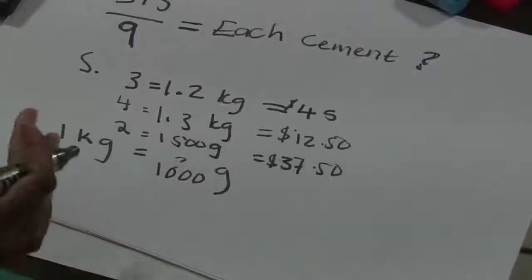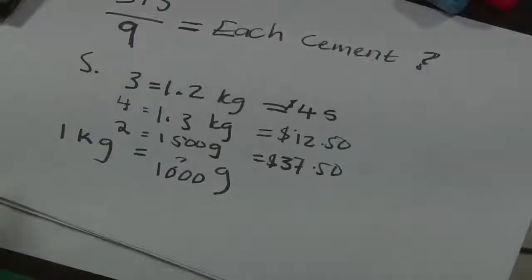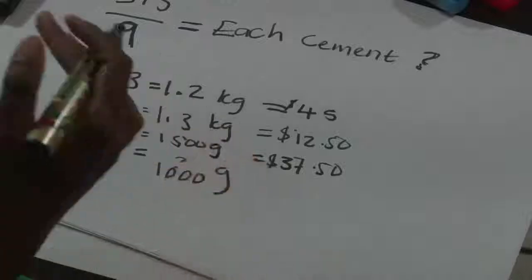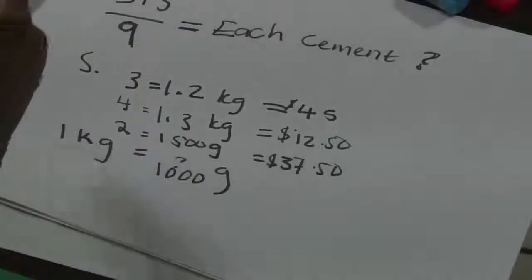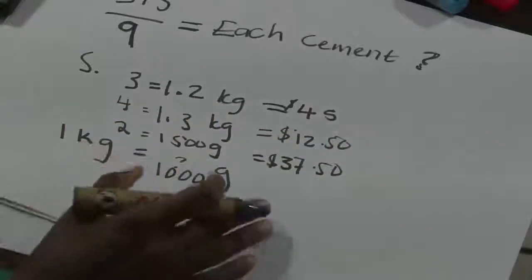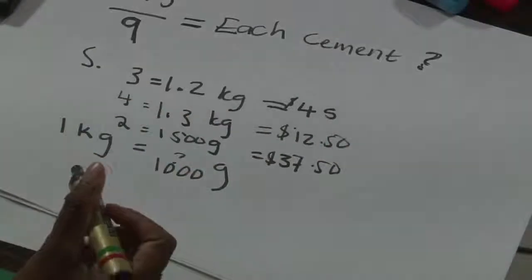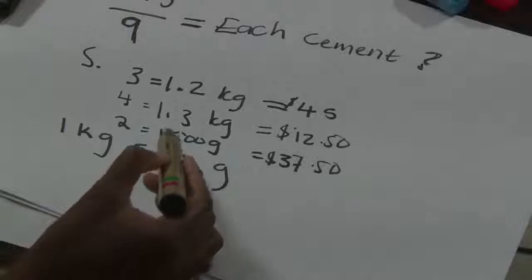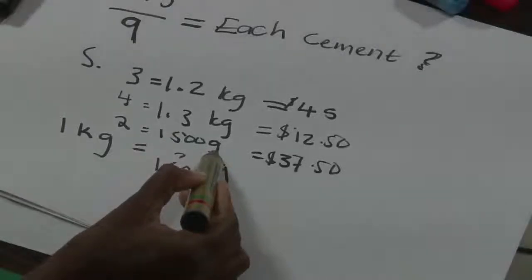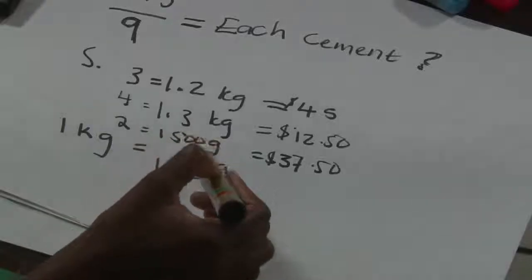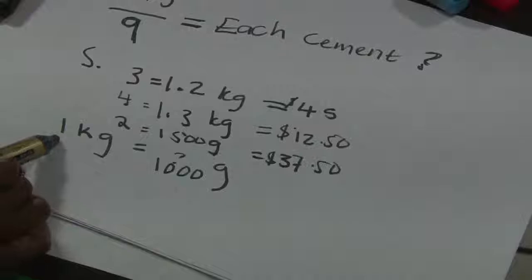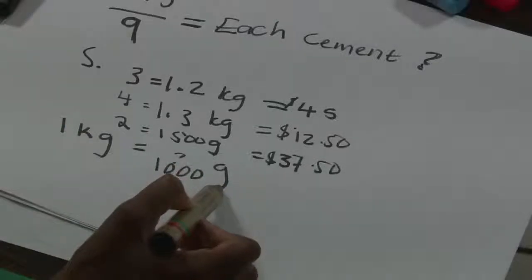You should also know how many centimeters are in a kilometer. You need to know all those things. They're asking you to convert the 1,500 grams weight of the ice cream into kilograms, and you already know that 1 kilogram is 1,000 grams.